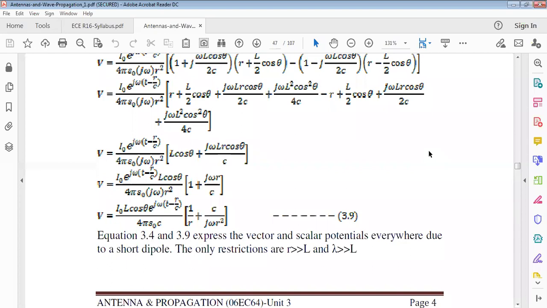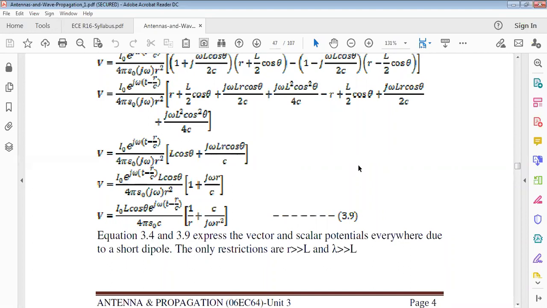After we find those field components, the next point is to write the expression for radiated power. What is the expression for radiated power? Radiated power is P. The expression for the radiated power is defined from the Poynting theorem. What is the Poynting theorem?